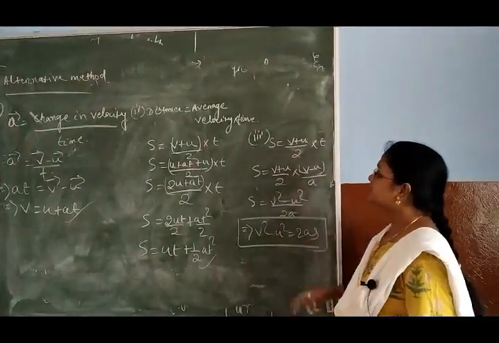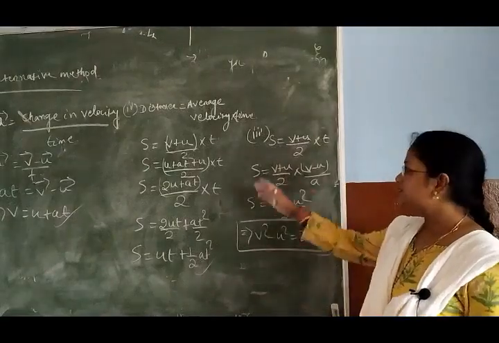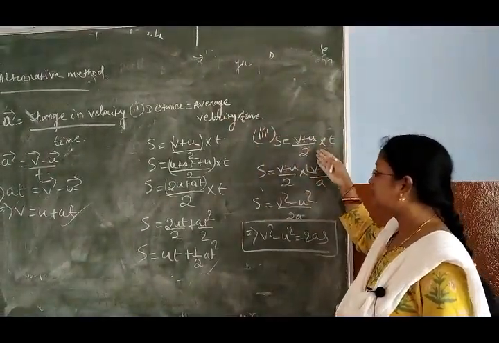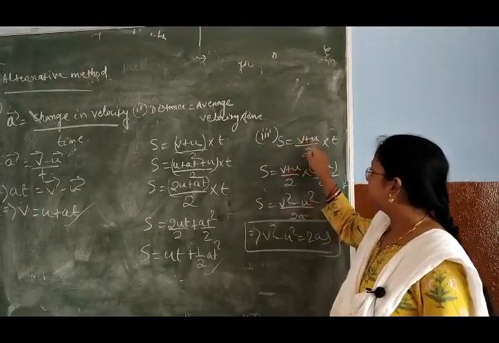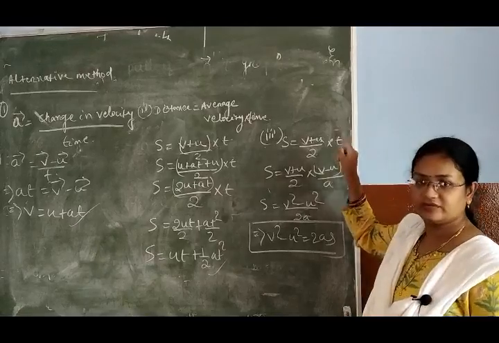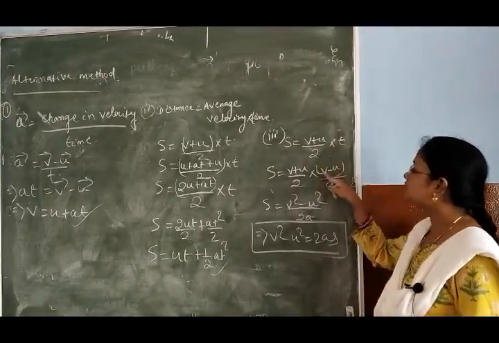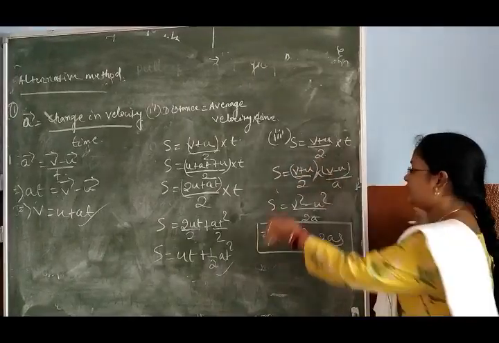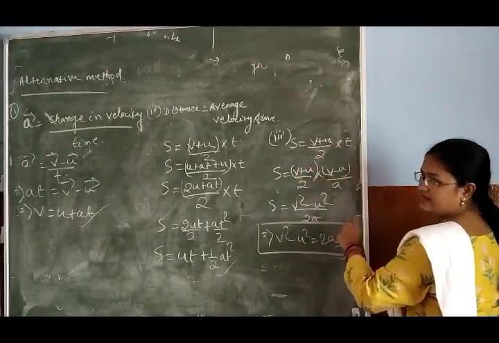Then the third equation of motion, same thing. You see the same formula, the average velocity into time. Just here you see V plus U by 2 into T. You just put the value of T from the first equation of motion. T is equal to V minus U by A, and you see V plus U and V minus U. A plus B into A minus B, A square minus B square.